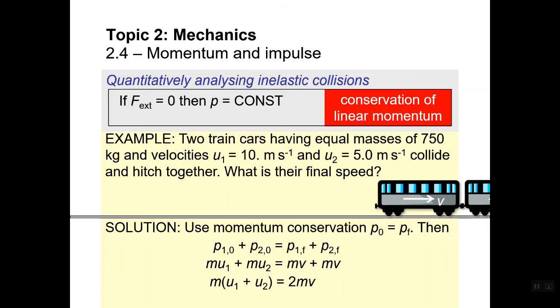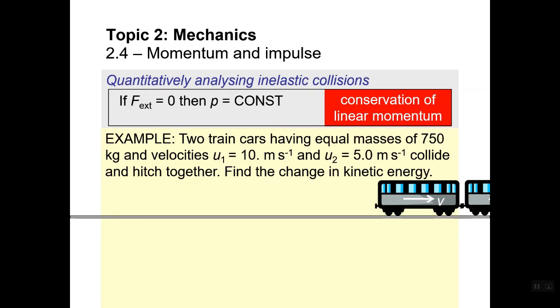So mv plus mv becomes 2 times mv, and the mass can be cancelled out. Final velocity: 10 plus 5 equals 2 times v, and v equals 7.5 meter per second. So the two trains hitch together and they have the same velocity, which is 7.5 meter per second.